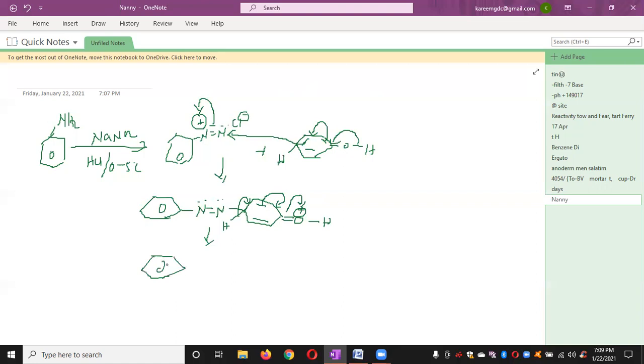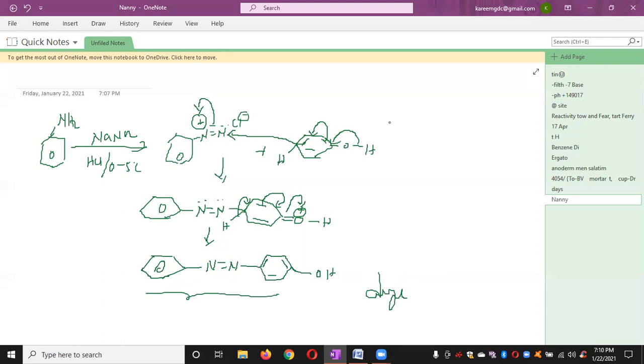So this is benzene, double bond N, and now a bond is formed between this nitrogen and another benzene. Here we have double bonds, and this becomes OH. So this is known as phenyl benzene diazonium, which can be used as a dye. Suppose this para position is blocked, then we cannot expect this reaction.